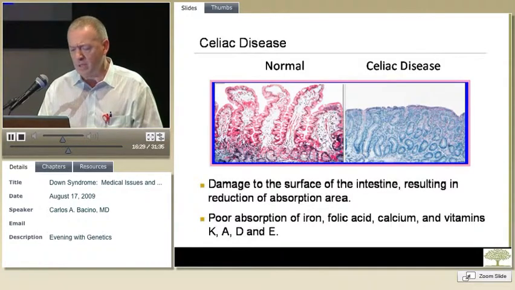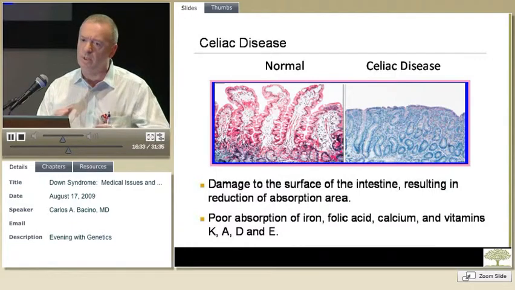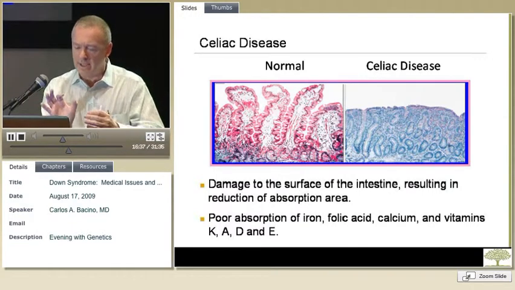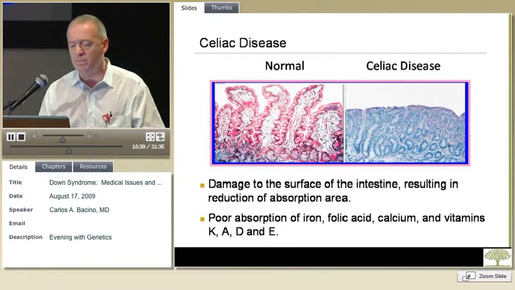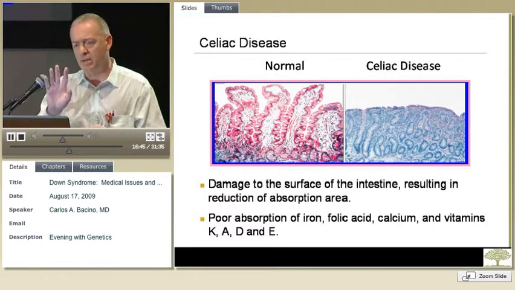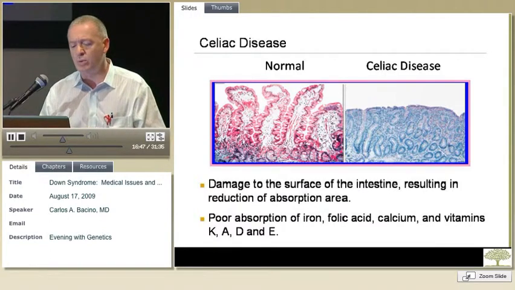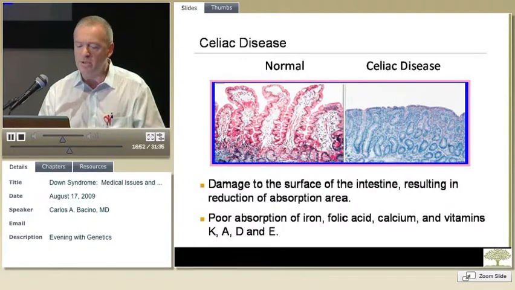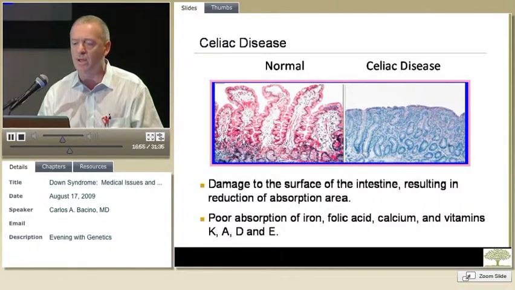This is a slide that shows you a piece of intestine that has been cut very small, and under the microscope, this is what the normal intestine looks like. You see these finger-like structures, and this is what the normal surface of the intestine looks like. So imagine all the nutrients that are being absorbed in all these different areas.